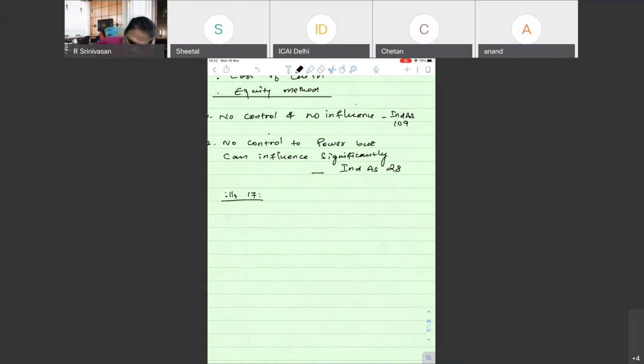It will go under Ind AS 109. It won't go under 110 or Ind AS 28. So when it doesn't go under 110 or 28, there won't be any consolidation. So in that case also we need not make any entry, because P has no joint control. Okay, right. The company Q is a joint venture.